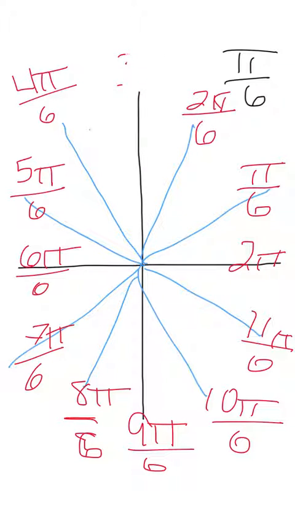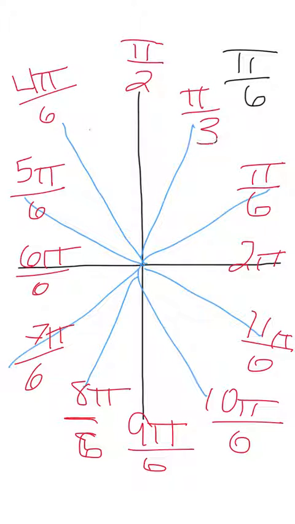So this one up here ends up being pi over 2. We already know that. This one right here, it's 2 divided by 6. That ends up being pi over 3. This one right here ends up being 2 pi over 3.